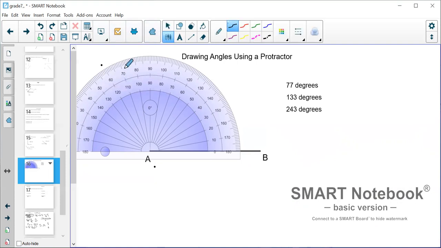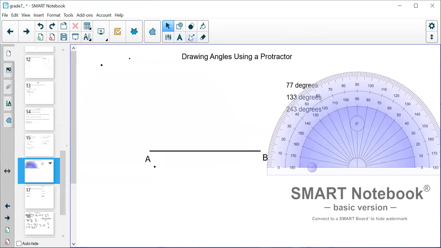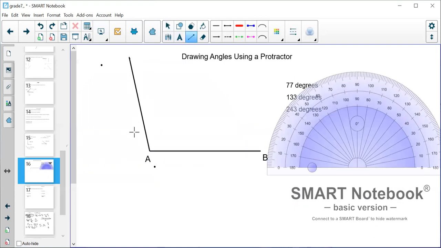Right, so if I mark 77 here and I come and I draw my line from there to this point here, right? Does this look like an acute angle? It's not, right? This is not an acute angle, it's an obtuse angle.